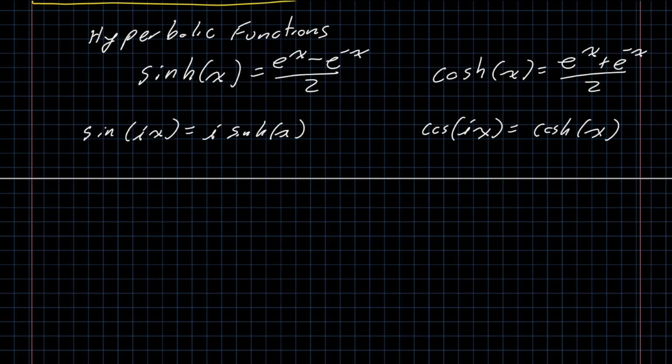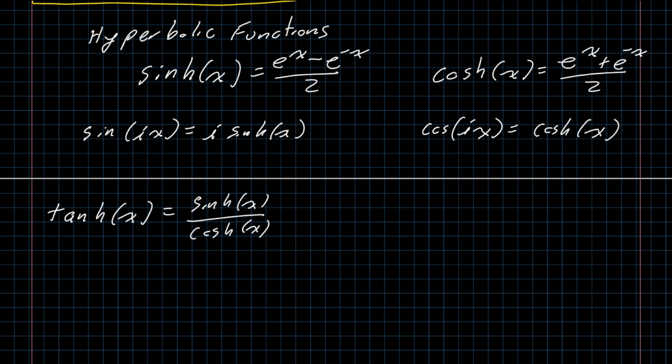There are other hyperbolic functions. Now that we have this inspiration of the sinh and the cosh, we can try to name the rest of the functions. The hyperbolic tangent, tanh of x, is sinh divided by cosh.